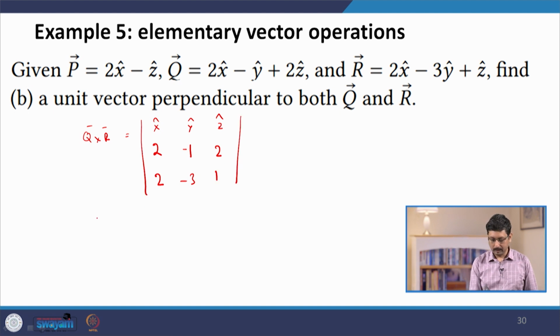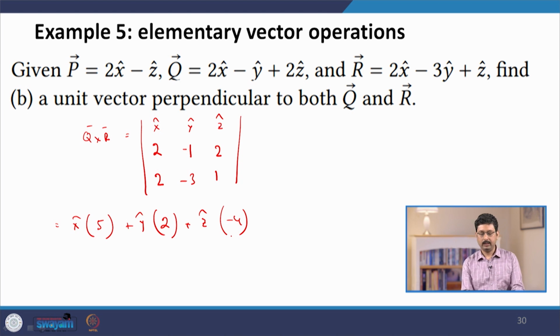This gives you x hat times minus 1 and then plus 6, which is 5, plus y hat times 4 minus 2, which is 2, plus z hat times 2 into minus 3, which is minus 6, and then plus 2, which is minus 4.